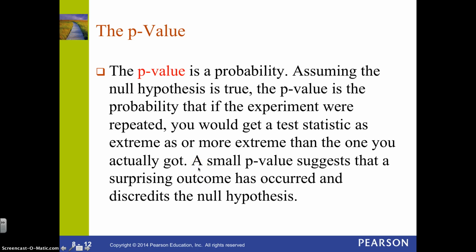So think about your normal curve. You're looking at how far away from the mean you are when you go out, and the probability that you could be out there. We're actually going to be using the normal table when we do this. So what's the probability that you could be either greater than or less than, that's what extreme means, the sample proportion that you actually got?